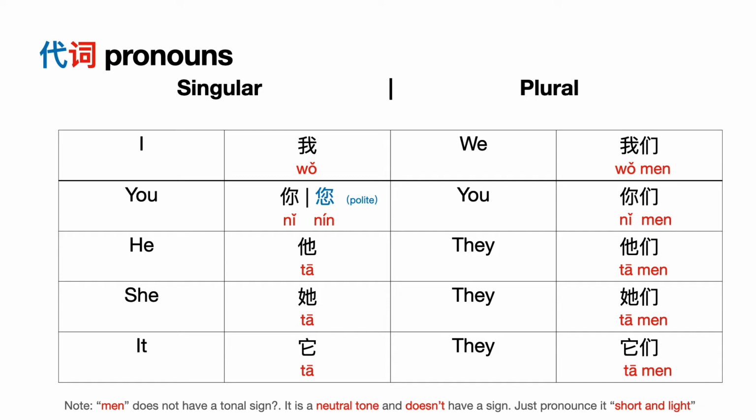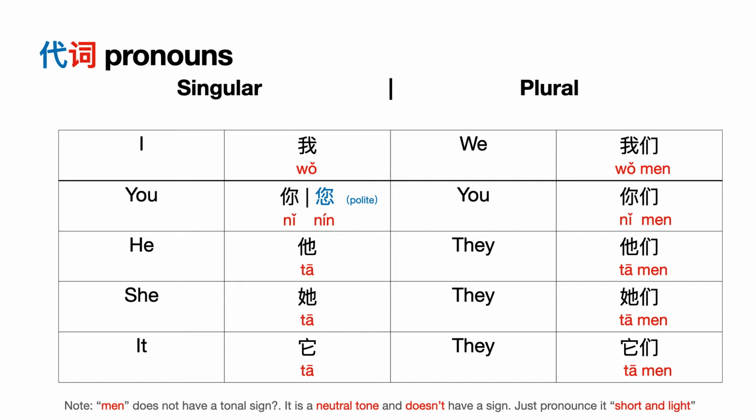Okay, so how are they pronounced in plural forms? When you say we, you say in Chinese 我们, women. Now you notice, how come there is no tone sign above the men? That is because it is not part of the four tones.